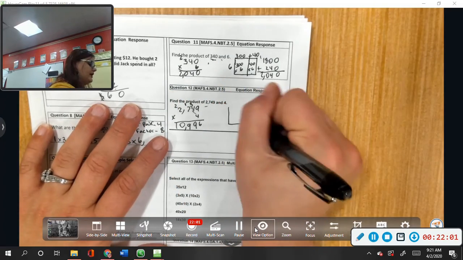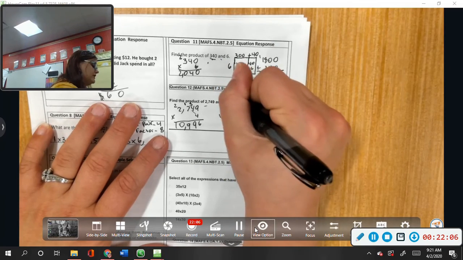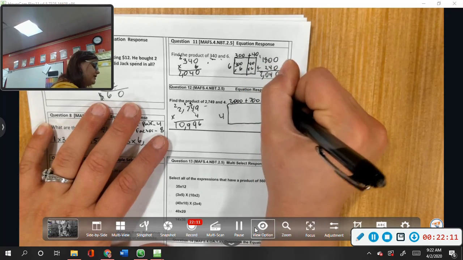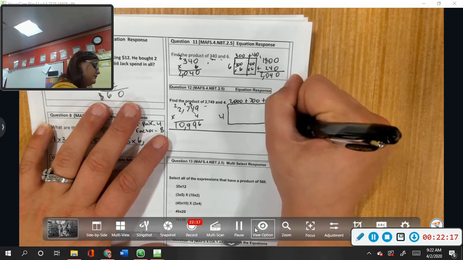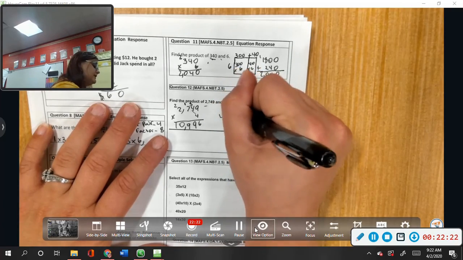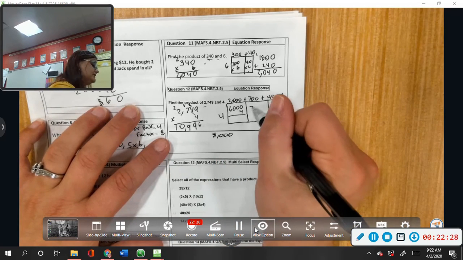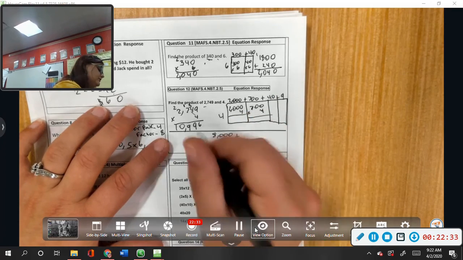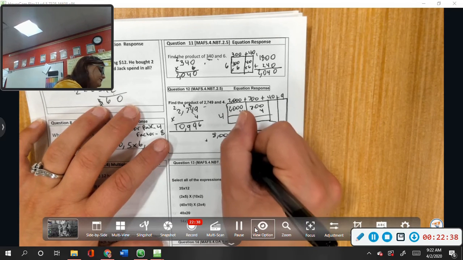Or we can put it in an area model and say 4 times 2,000 plus 700 plus 40 plus 9. So 2,000 times 4 is 8,000. 700 times 4, 7 times 4 is 28, and we have 2 zeros.